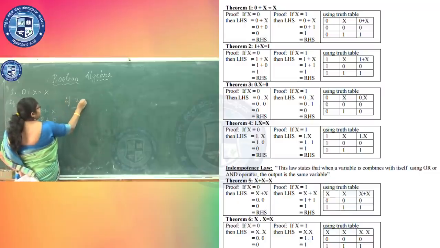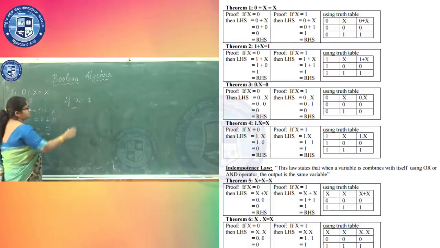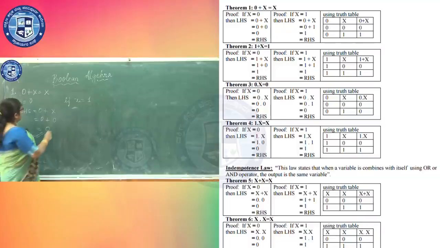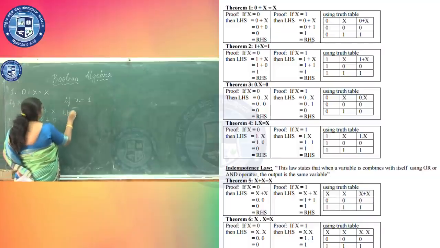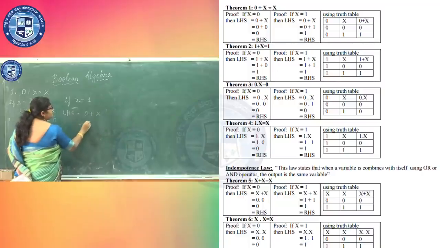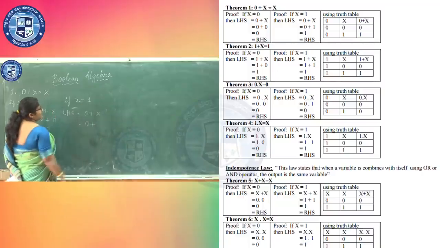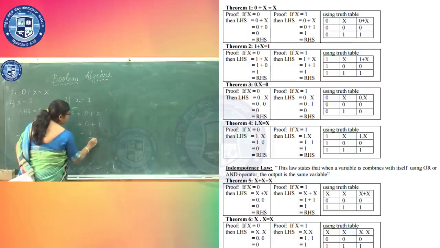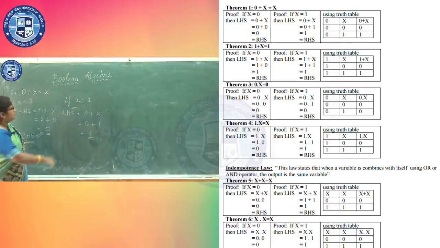If I am taking the value of x to be 1, what happens? What is the LHS there? 0 plus x. What is the value of x? 1. So 0 plus 1 is 1.